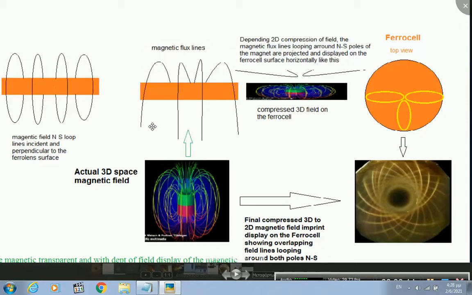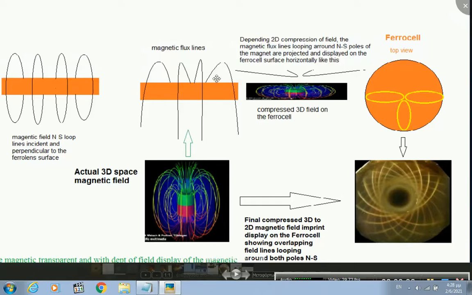To understand what the cell shows is to understand how the field is compressed inside this very small thickness, and how it is projected, the angles of projection of the incident field onto the flat surface of the cell and thin film.